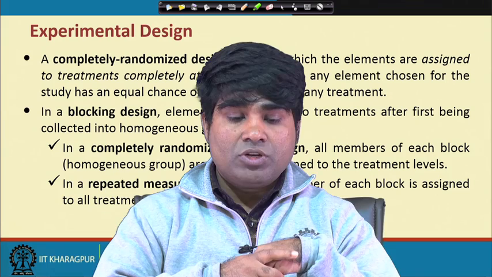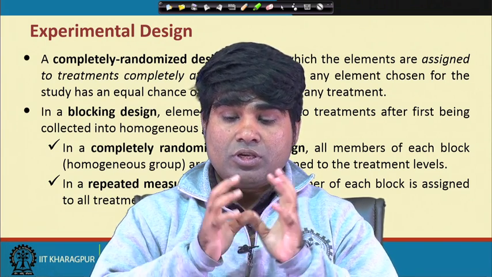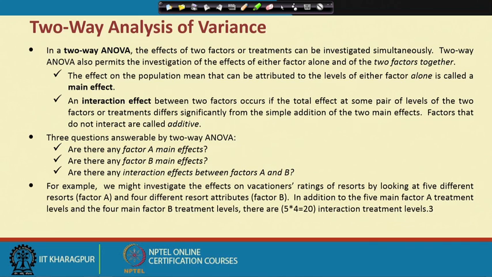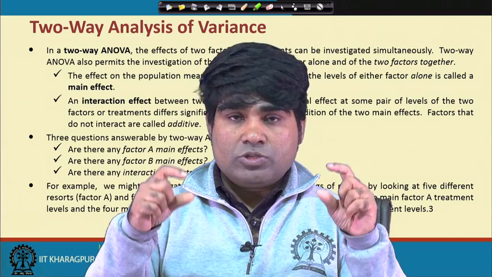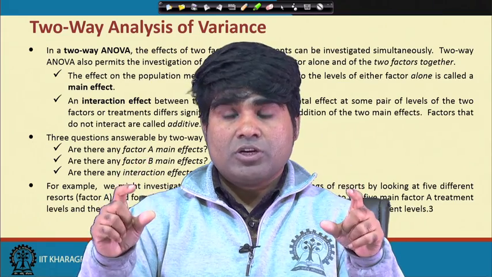And in the case of repeated measures designs, each member of each block is assigned to all treatment labels. In the case of two-way ANOVA, typically the effect is with respect to two factors or two treatments. So, we have the concept of a one factor model, two factor model, three factor model.